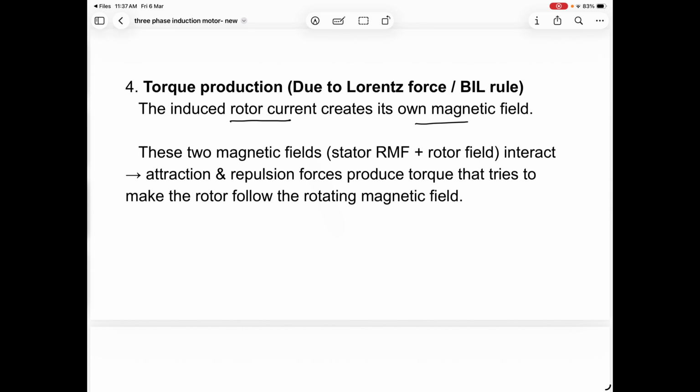So these two magnetic fields, the stator rotating magnetic field and the rotor field, interact, and the attraction and repulsion forces produce torque that tries to make the rotor follow the rotating magnetic field. So if the rotating magnetic field is moving in this direction, the rotor field will follow it.